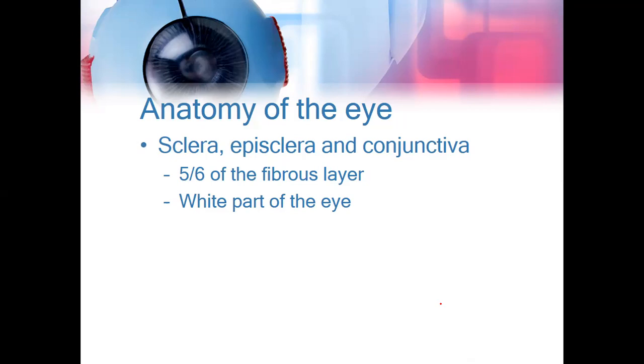It is constituted by connective tissue and collagen fibers. As I told you, the most anterior part of this external layer, 1/6, is represented by the cornea. So the other 5/6 of the external layer is represented by the sclera.